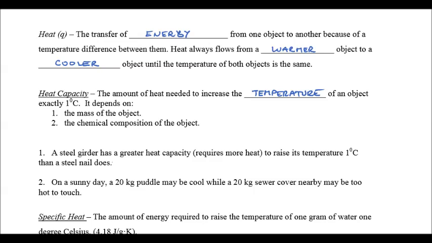So the greater the mass, the more heat is required to raise the temperature 1 degree Celsius. Also, a puddle may be cool on a sunny day, while a sewer cover may be too hot to touch. So the composition of the object is also important. Water takes a long time to heat up, whereas metals take a short time to heat up.